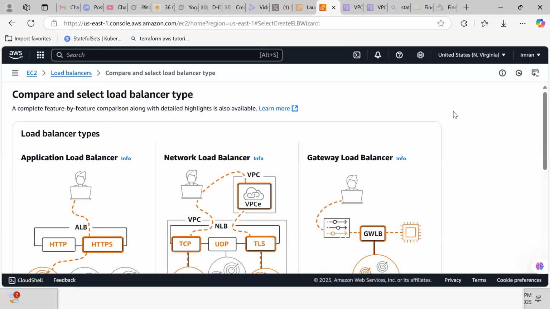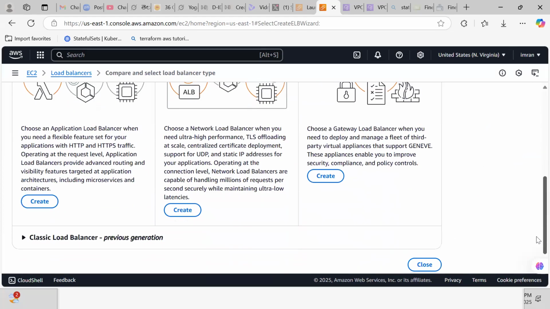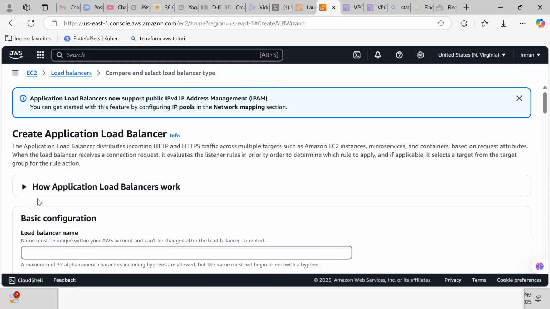While creating the load balancer, you can use application level, network level, gateway level, and if you want the classic load balancer, here we have it, but that is purely a previous generation or old generation load balancer. Okay, so in this I'm going to use the application load balancer.